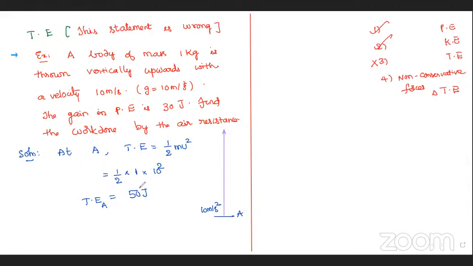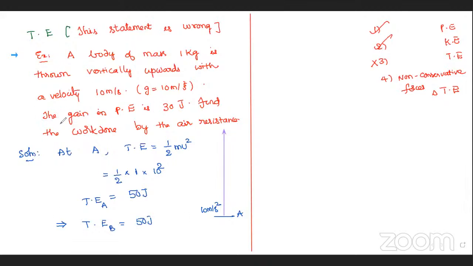Right, total energy at A is equal to 50 joules. That's why, according to the law of conservation of energy, total energy at B should be 50.